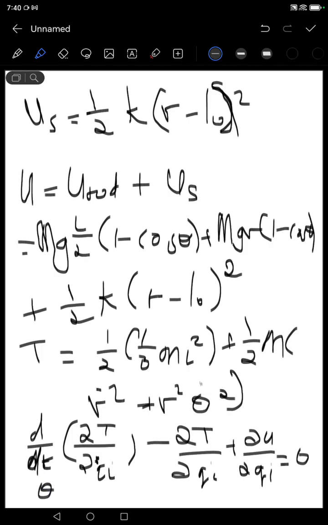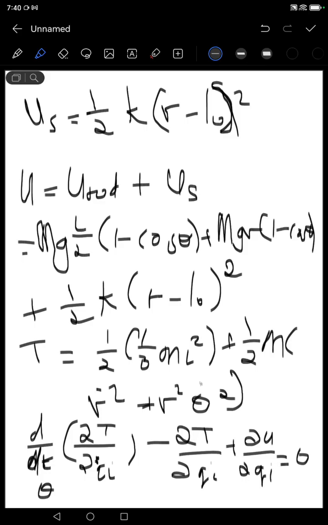So here, because we have the dot, it's going to be the partial derivative of kinetic energy over the partial derivative of theta dot, minus the partial derivative of kinetic energy over the partial derivative of theta, plus the partial derivative of U over the partial derivative of theta, equals 0. And then we're going to differentiate this equation with respect to theta.